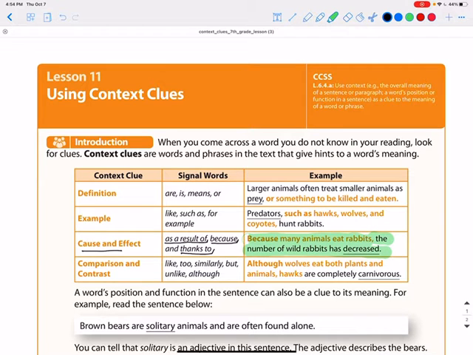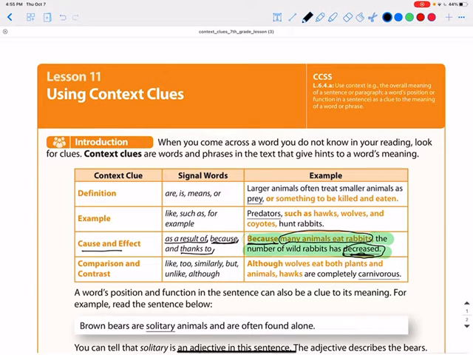So decreased is the word we need to figure out, and our signal word is because. See, it's right here, and it's telling us many animals eat rabbits, so it's decreased.